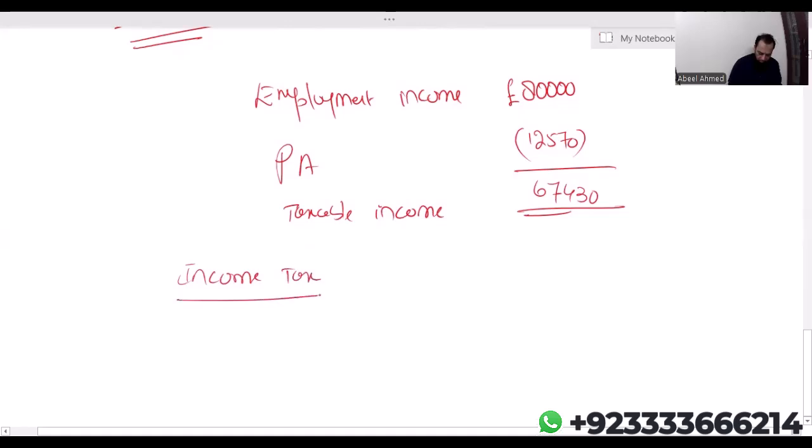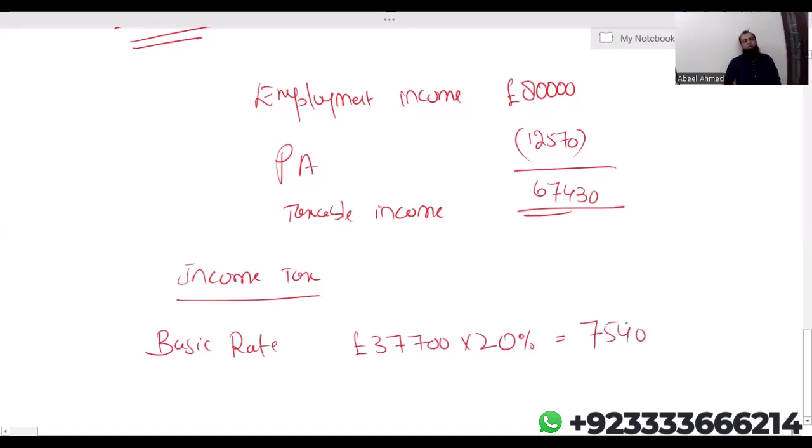Income tax. Obviously, first we have to use the basic rate band, which ends at 37,700. Applicable tax rate is 20%: 7,540. Now students listen. The total taxable income is 67,430. Out of that 67,430, we have taxed 37,700.